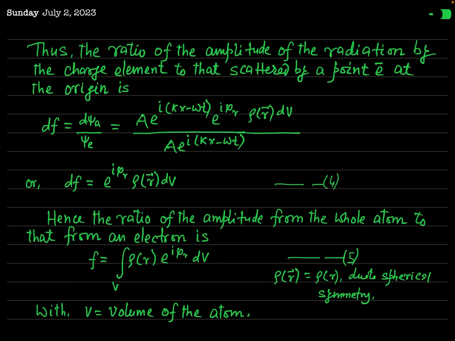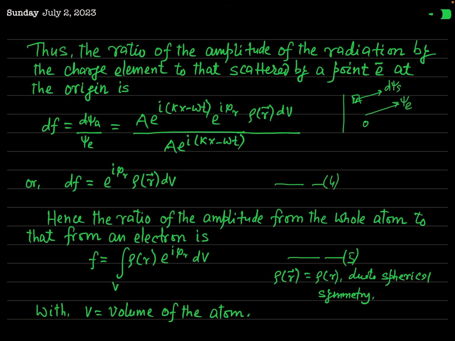Now we have defined two amplitudes. First, the amplitude of the wave scattered from the electron at O. Then the amplitude of the wave scattered from the volume element. I have denoted these by psi e and d psi a.